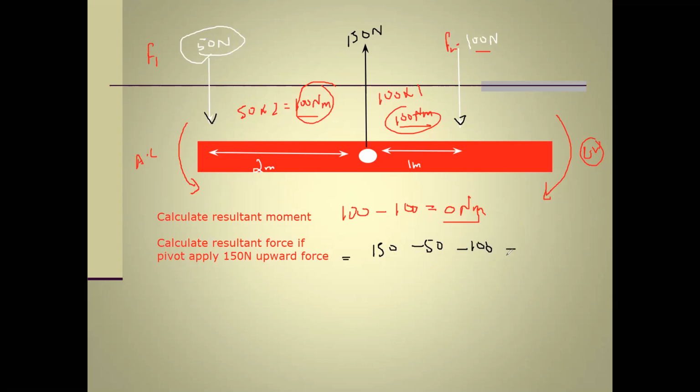So what is the resultant here? Plus 150, minus 50, and minus 100. So what do we get? Resultant force. We get resultant force 0.